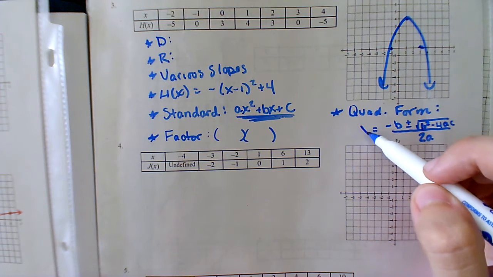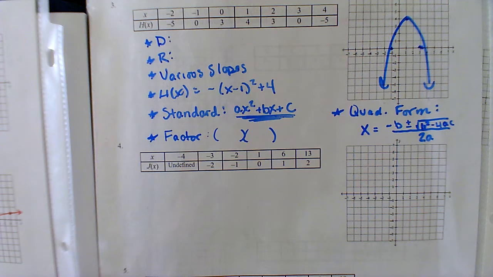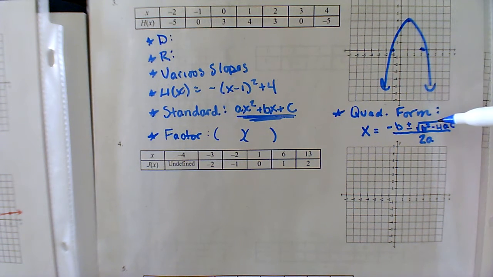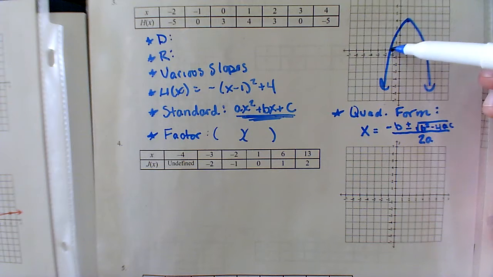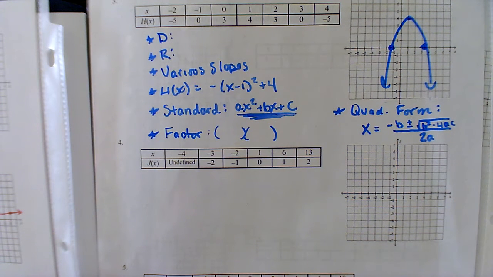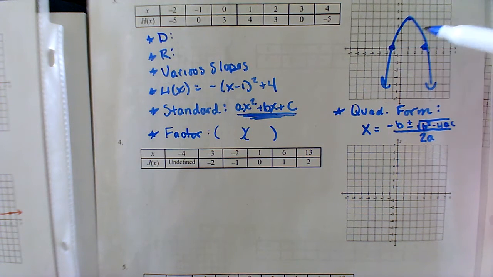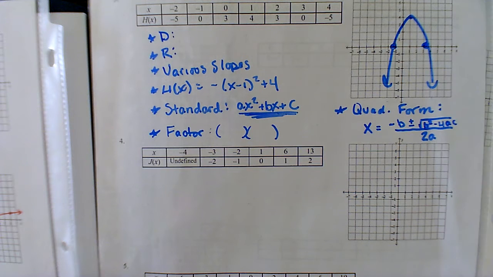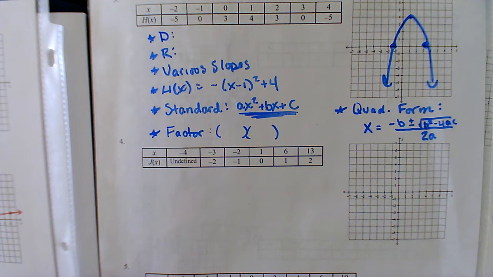Okay, they represent x values, more specifically your x-intercepts. So looking at our graph, if we were to use the quadratic formula, we would get an answer of -1, and we would also get an answer of 3. Okay, we can see that from the graph.